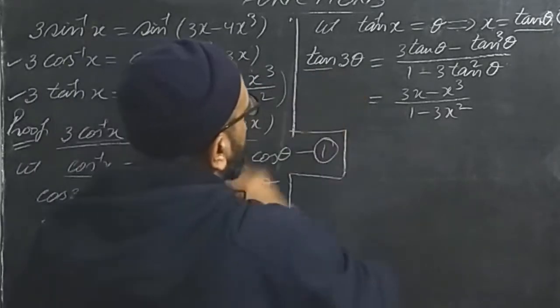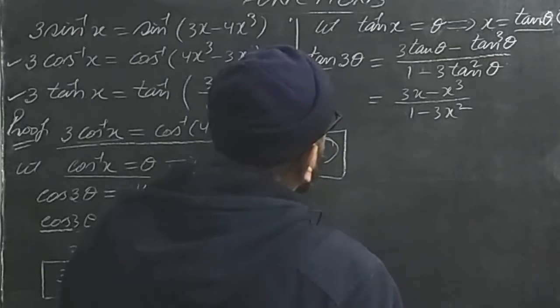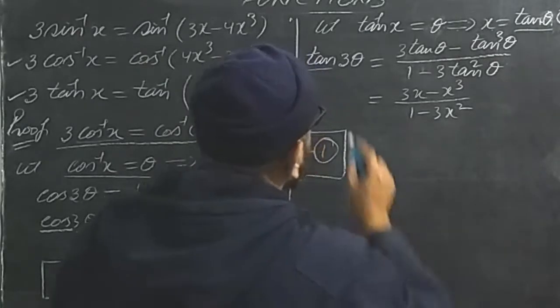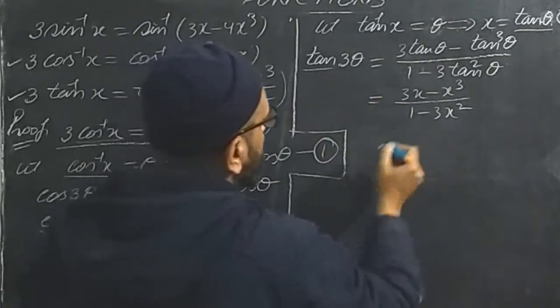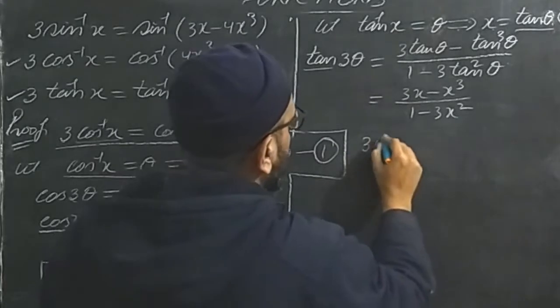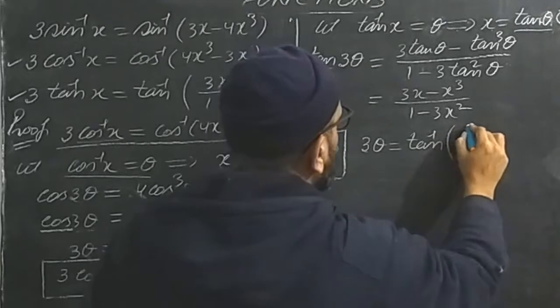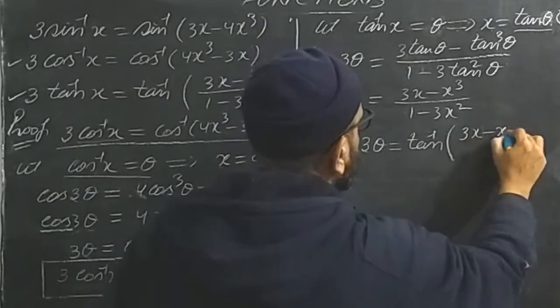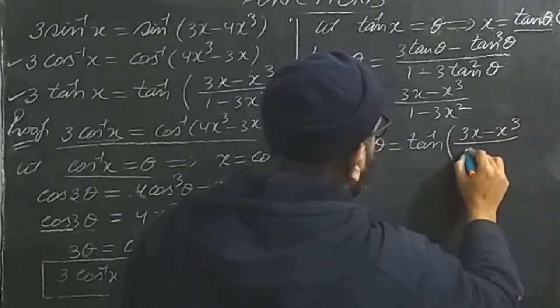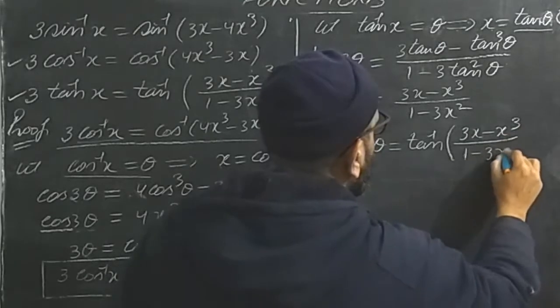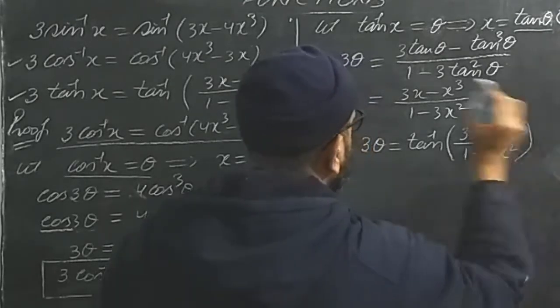Now simply by the inverse trigonometric functions concept, if tan 3 theta is equal to this much, then 3 theta is equal to tan inverse 3x minus x cube upon 1 minus 3x square.